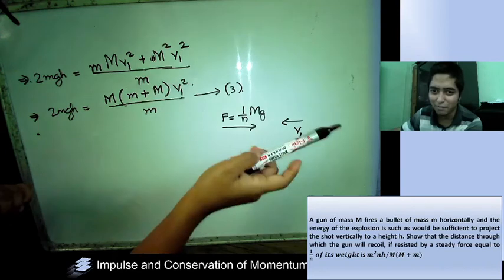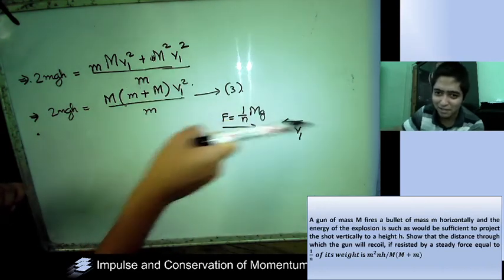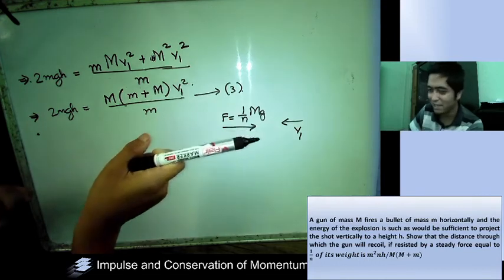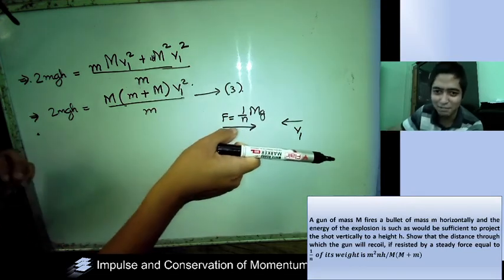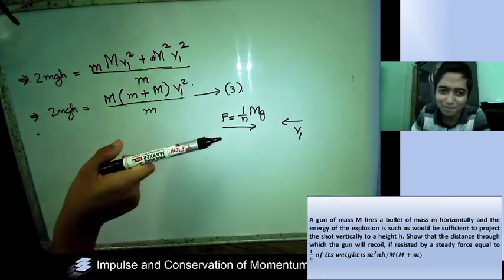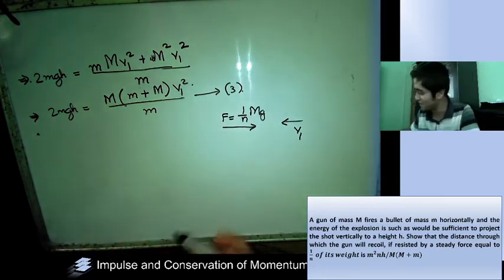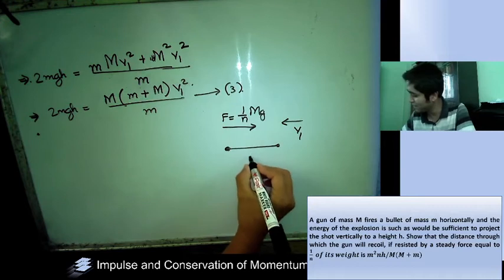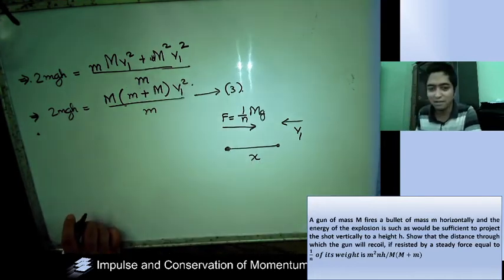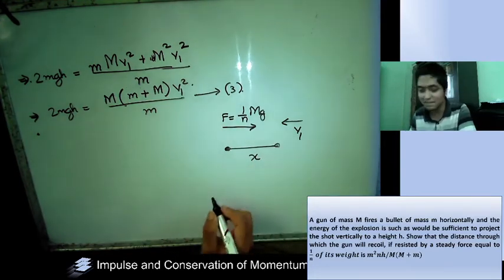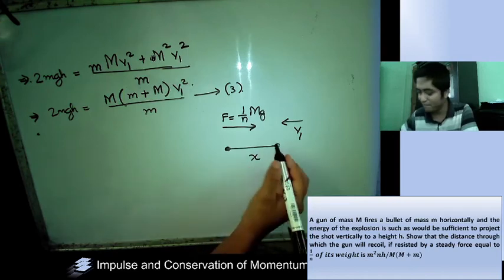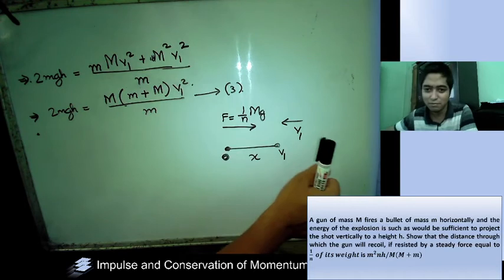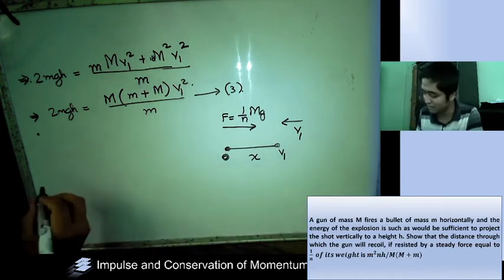If I am holding a gun like this, my hand will travel some distance. I am also applying a force, otherwise it will hit my face. So something like this, it will be traveling some distance. So let this distance be x, let us call it. The gun travels for distance x. The velocity reduces from v1 to 0 because it's stopping like this.